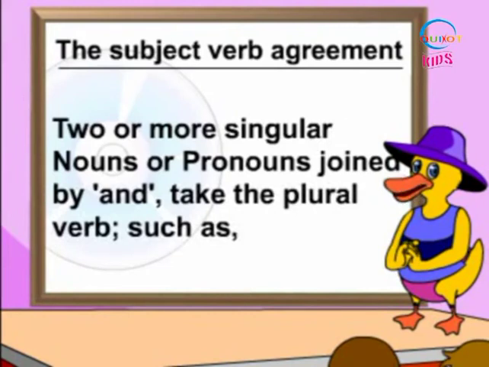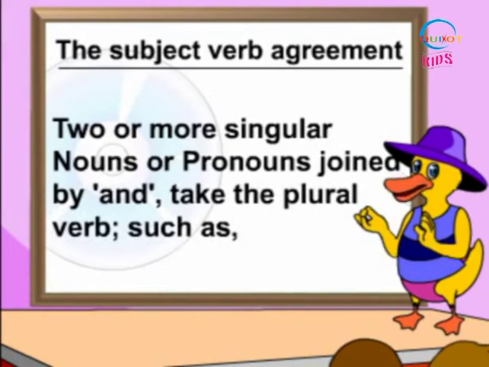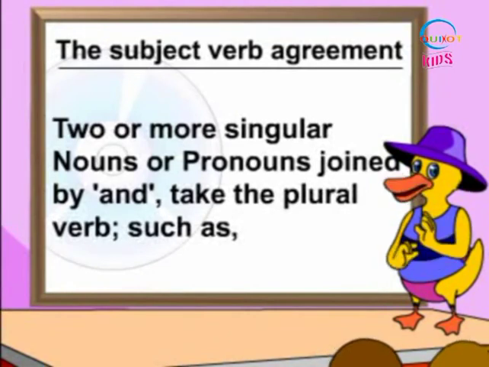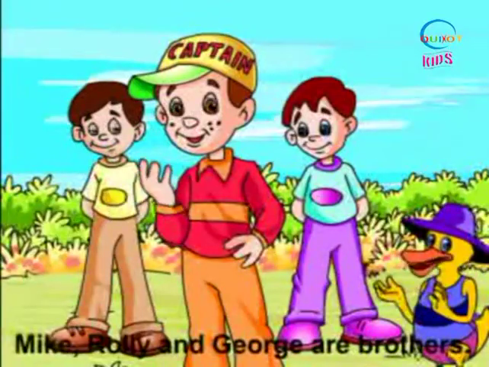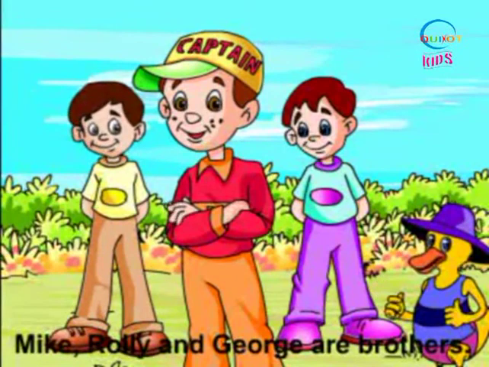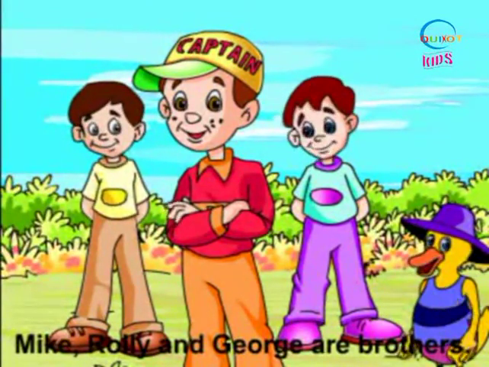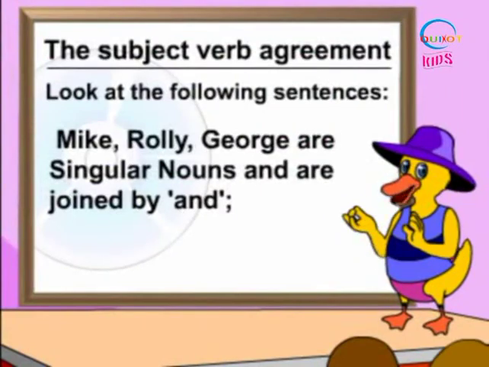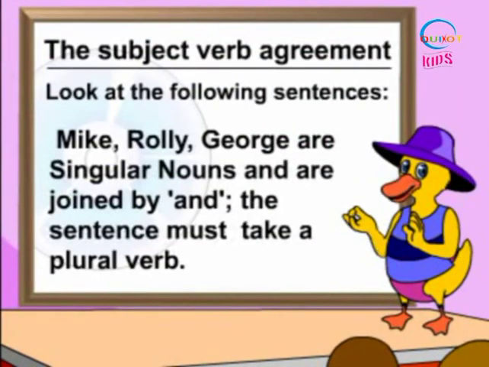Two or more singular nouns or pronouns joined by and take the plural verb, such as: Mike, Rolly and George are brothers. Mike, Rolly, George are singular nouns joined by and. The sentence must take the plural verb.